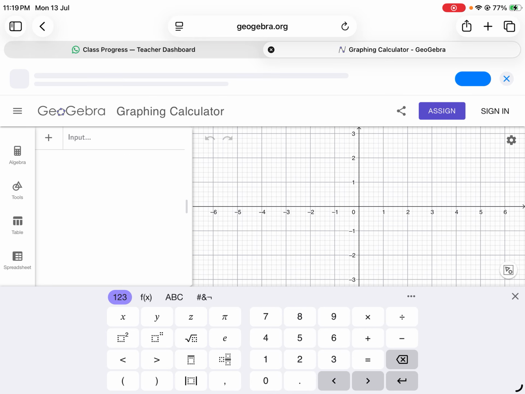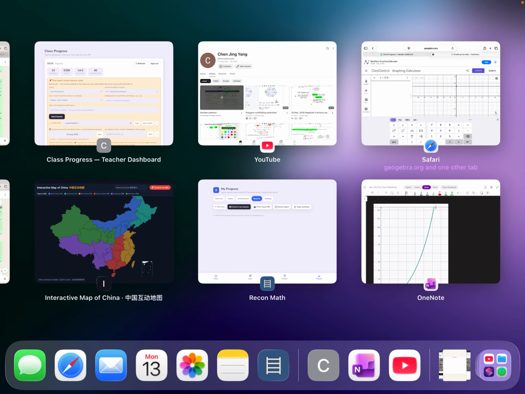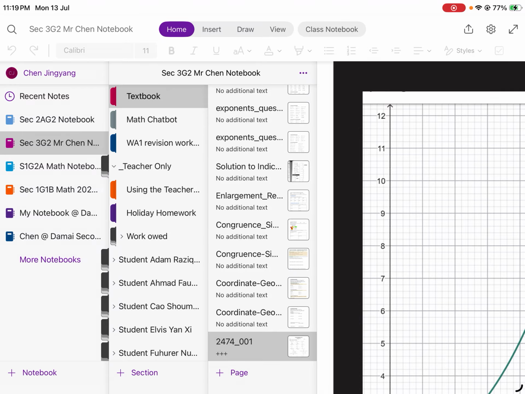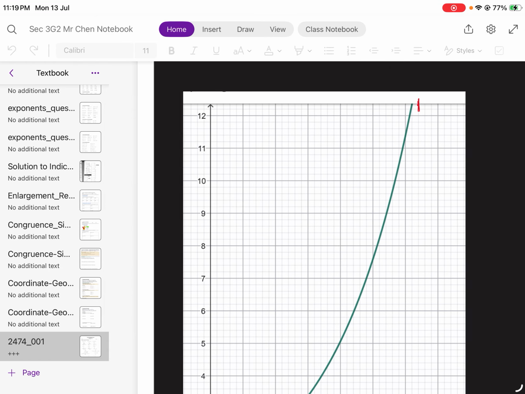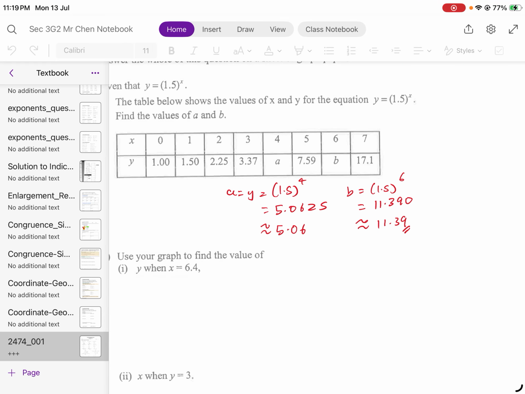I wasn't able to screenshot everything, so let's just key in y equals 1.5 to the power of x.